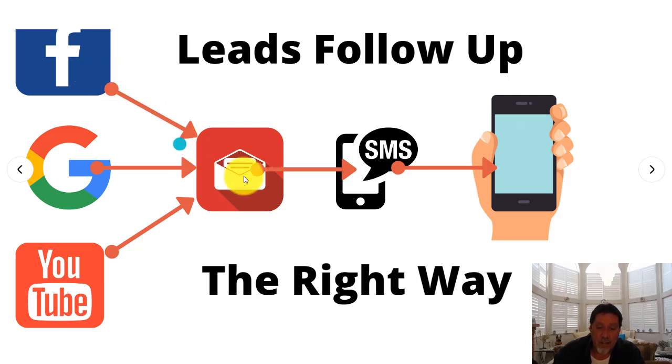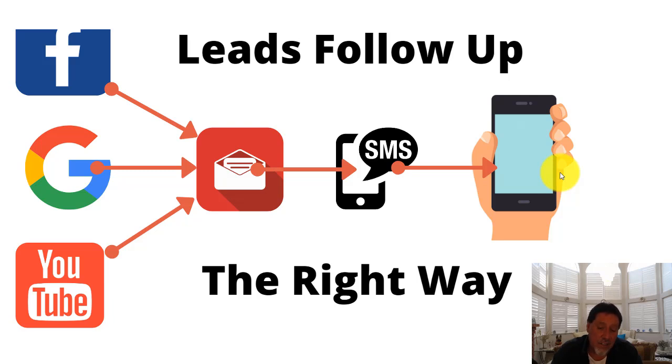They're getting sent over to the email, to the SMS text message, and over to your phone. So what you need to do is call them as well, which we're going to talk about next. So how do you follow up when everything is coming in so fast? If you don't get back to your clients quickly, within the same day, within the first 2 hours, your conversion rate will drop.